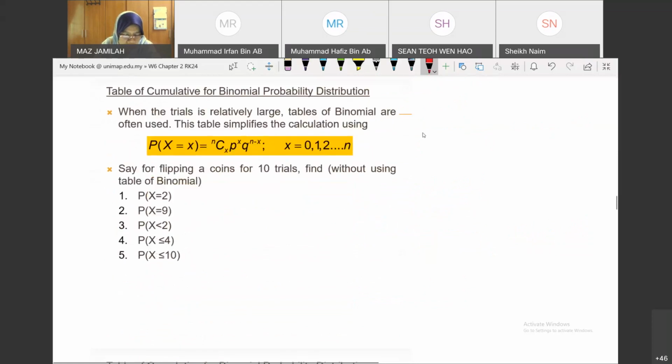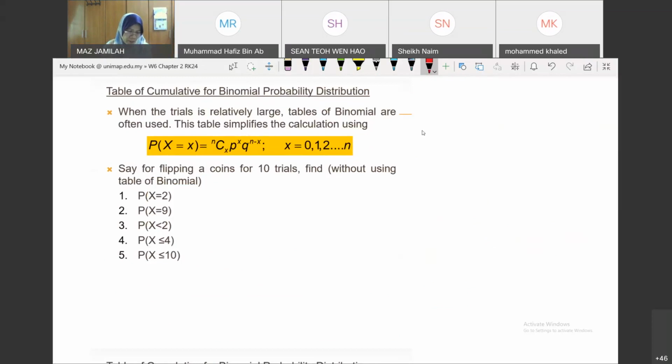Okay. Now, if you open your textbook, can you please open your textbook? Go to the last page of your textbook, you have different types of tables. For example, on page 197, you have your cumulative binomial probabilities.